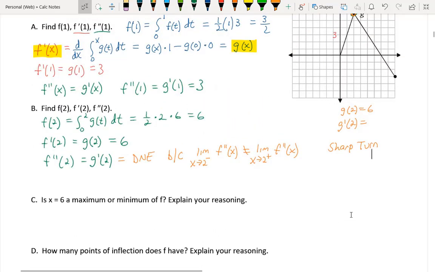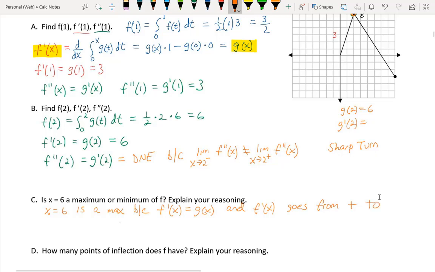So we know that, let's see here, is x equals 6 a max or a min? x equals 6 is a max because f prime of x equals g of x, and f prime of x goes from positive to negative at x equals positive 6.